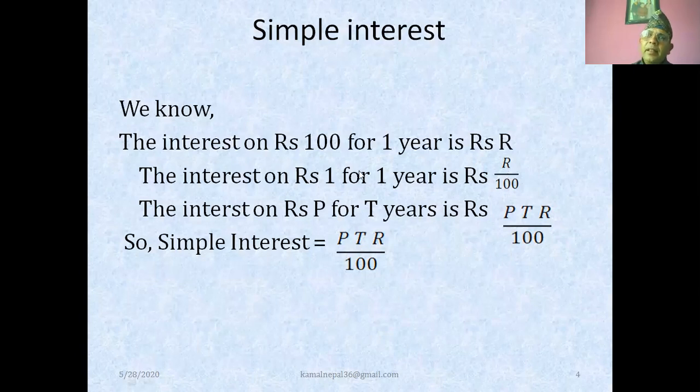The interest on rupees P, and interest for T years, must be more. So you should multiply P and T to R. So P into T into R divided by 100. So it is the interest of rupees P for time T years. This is your simple interest. This is the derivation of simple interest.